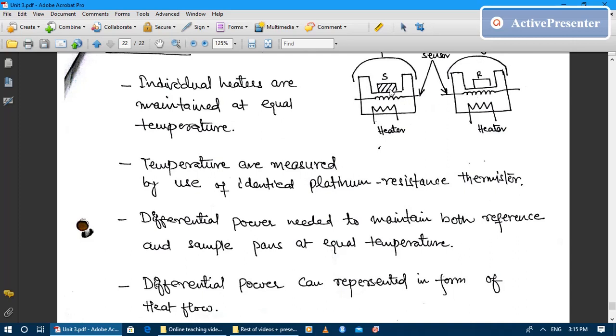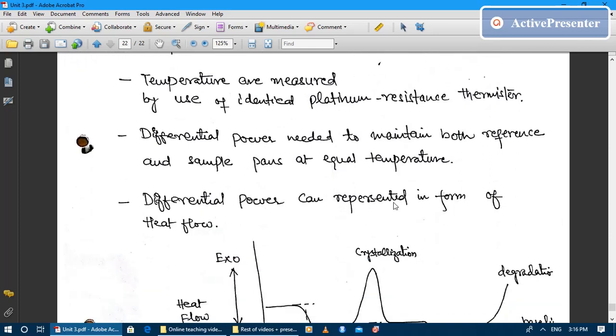So the thermal inertia, or the thermal capacity, of these two ovens is different. In order to maintain them at the same temperature, you have to provide a differential amount of heat, meaning a different amount of heat to the sample and a different amount of heat to the reference pan. Differential power can be represented in the form of heat flow.